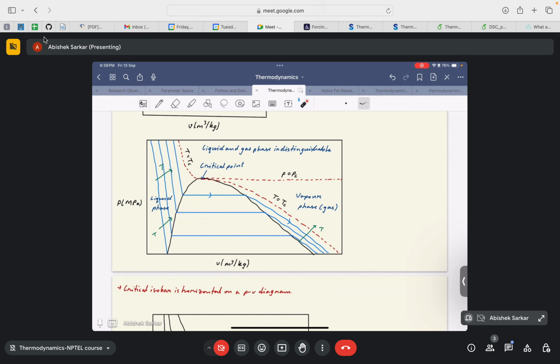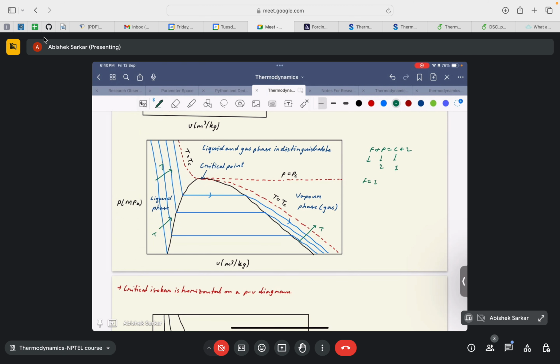I discussed it in the previous classes. There is F plus P equal to C plus 2. This is the Gibbs phase rule. F is the degree of freedom of the system, P is the number of phases, C is the number of components, and 2 is just a constant, right? So now if I consider a single component system, C will be 1, and if we consider 2 phases, P becomes 2, then we will have F equal to 1, right?